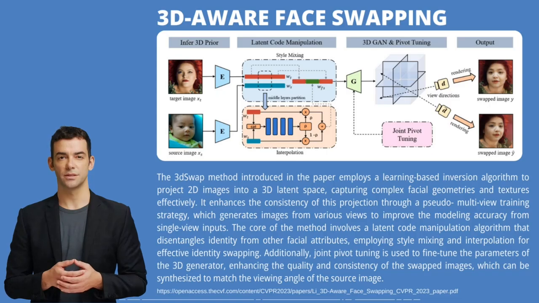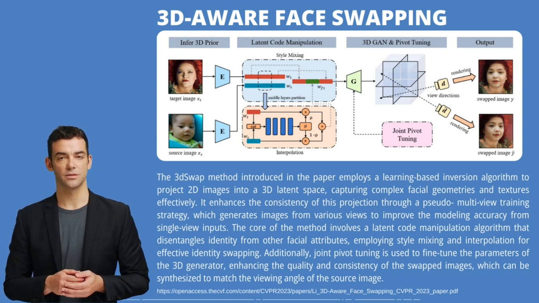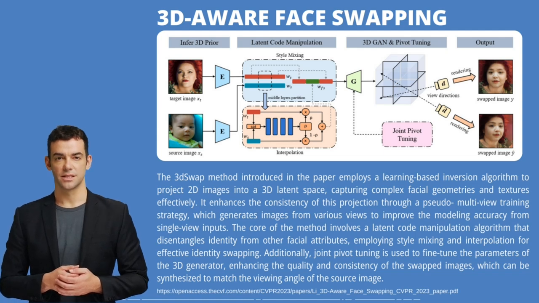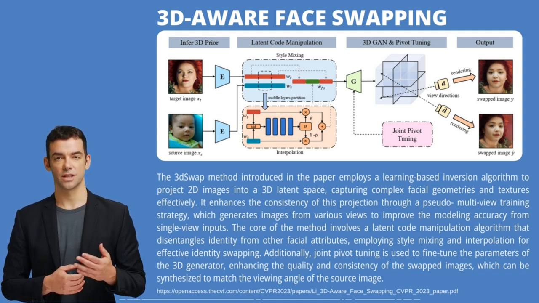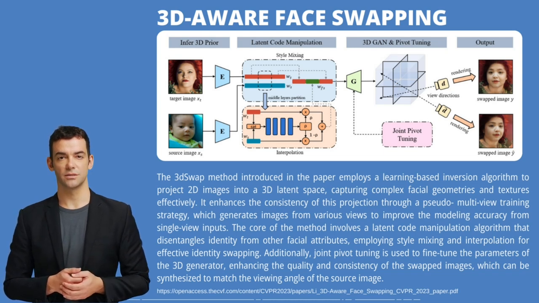The 3D swap method introduced in the paper utilizes a learning-based inversion algorithm to project 2D images into a 3D latent space, effectively capturing complex facial geometries and textures. It enhances this projection's consistency through a pseudo-multiview training strategy, generating images from various angles to improve modeling accuracy from single-view inputs.